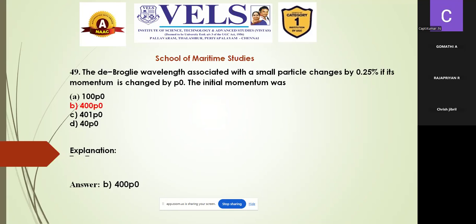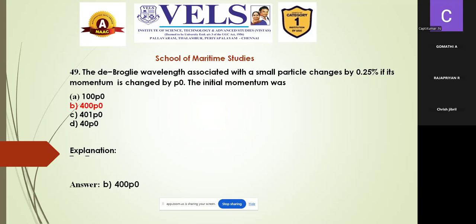The initial momentum we just consider as P, and the change in momentum we just consider as P naught. The change in de Broglie wavelength is 0.25 percentage. We can write 0.25 divided by 100.